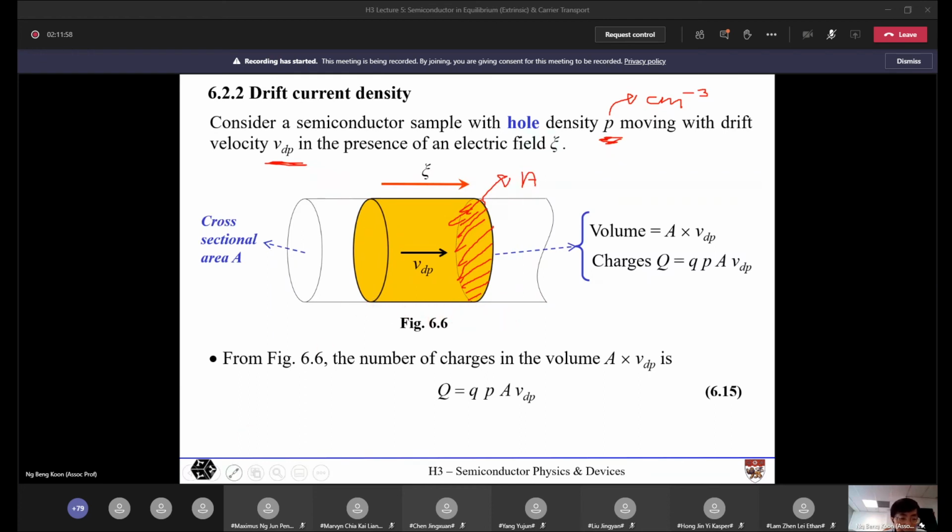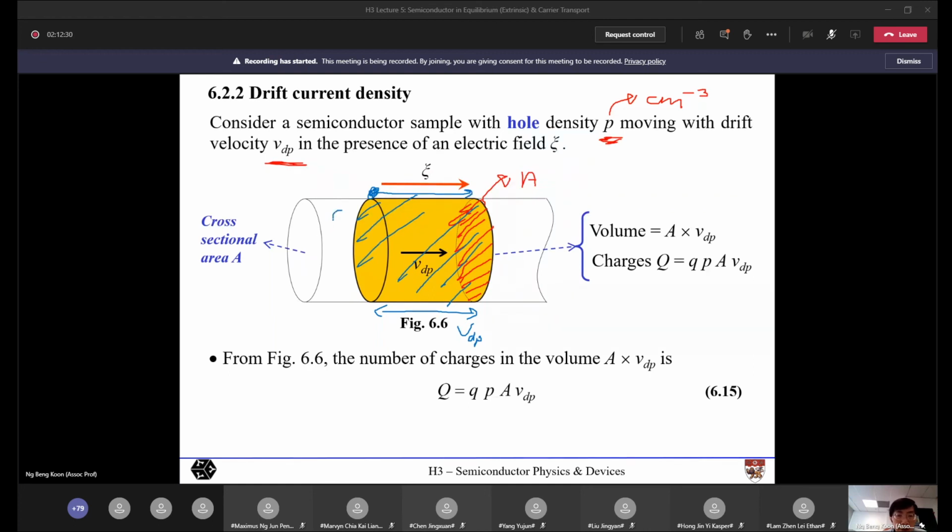So this length here, from here to here, is VdP multiplied by 1 second. The charge that will flow through the cross-sectional area A will be all the charge that you find in this volume. Makes sense, right? Because in 1 second, the charge up to this position will be able to travel to the cross-sectional area and cross it.